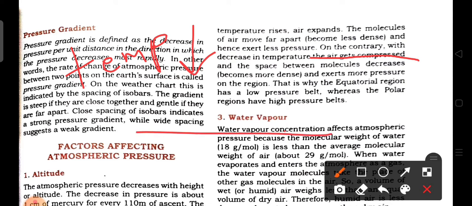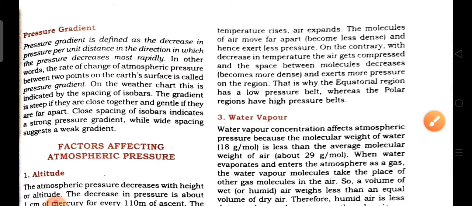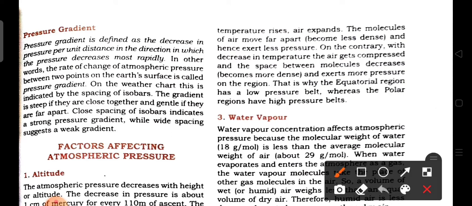Compressed means the space between the molecules decreases, which makes it more dense and exerts more pressure on the region. If the air gets more dense, D-E-N-S-E, dense, the air also exerts high pressure.